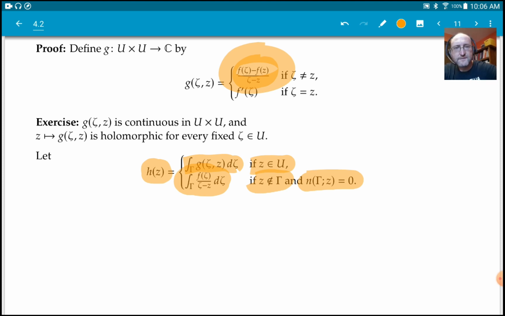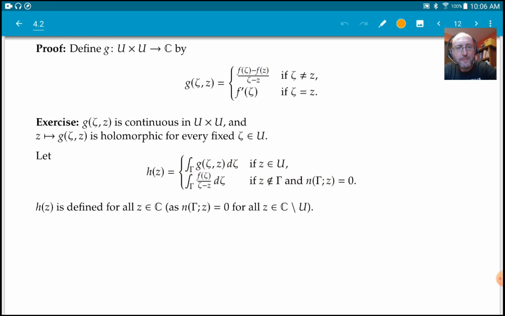Okay, and that's where the Cauchy formula will come in, right? That's the thing that you've seen in the Cauchy formula. All right. Now, h is defined for all z, right?